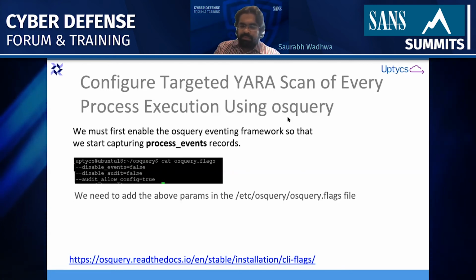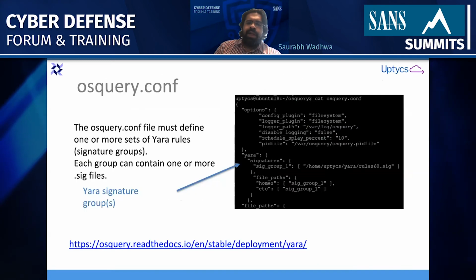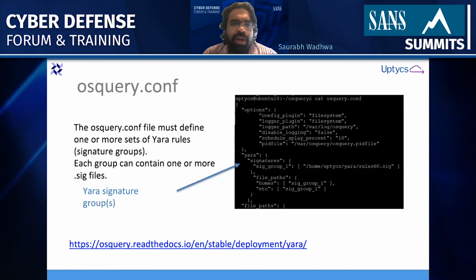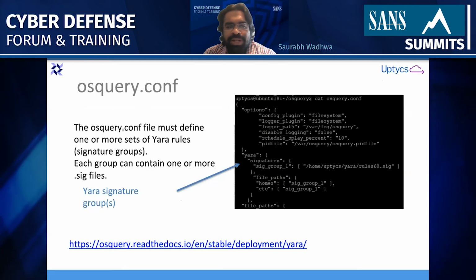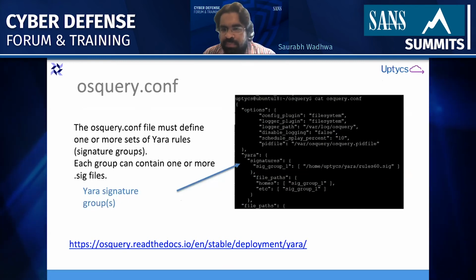Here is an example of how an OSQuery conf file looks like. In the OSQuery conf file, we must define one or more sets of YARA rules, right? So in this case, if you focus on the image, we have a YARA signature group called sig_group_1, which consists of one sig file, rule60.